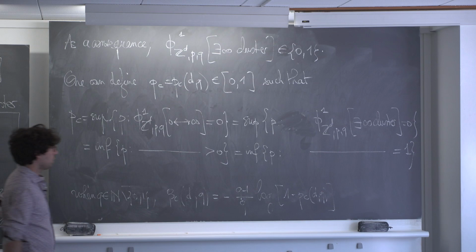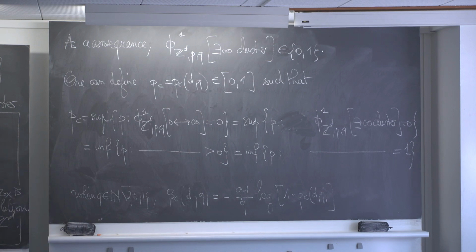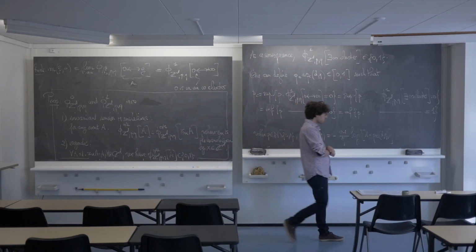So I can relate the critical point of the random cluster model with the critical points of the Potts model.